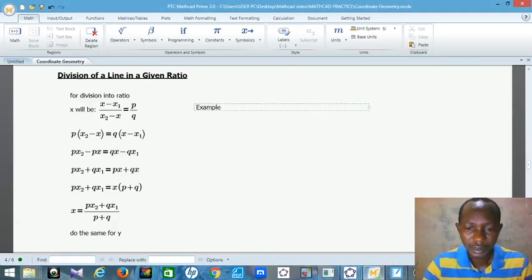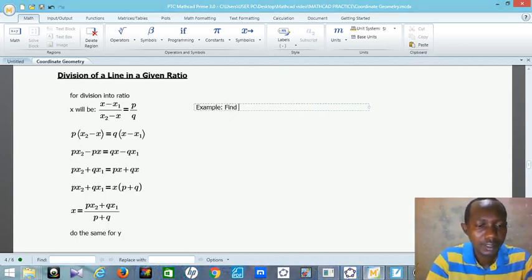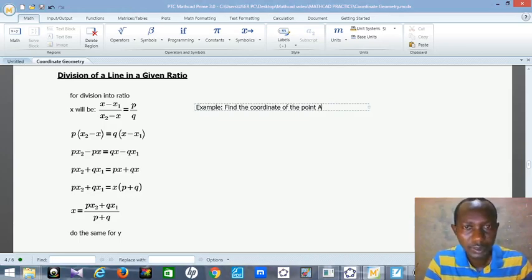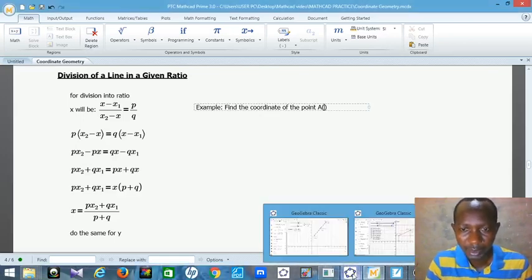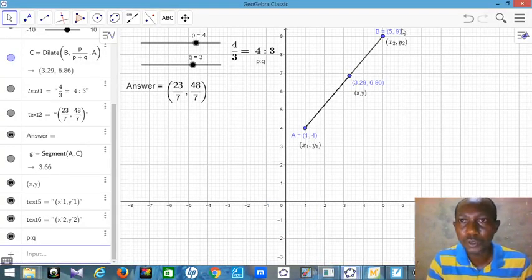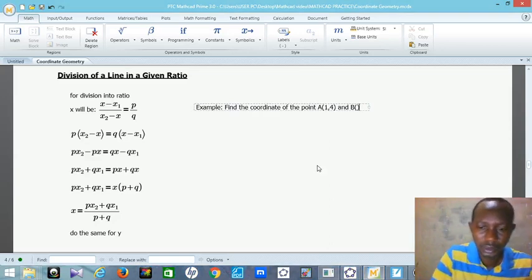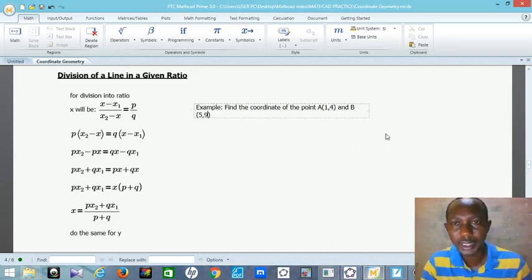Example: find the coordinate of the point. Let me use the exact example we have here so that you get what we are saying. A is 1 comma 4 and B is 5 and 9.